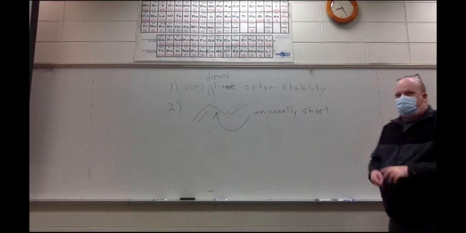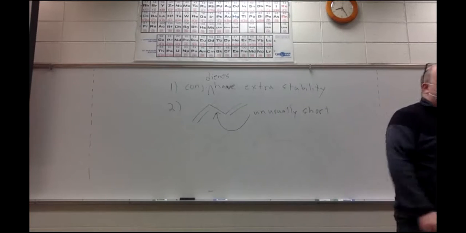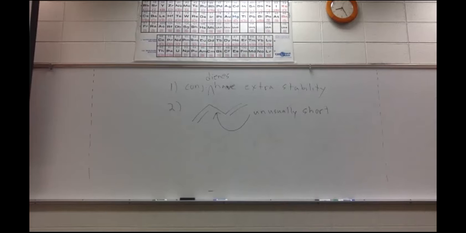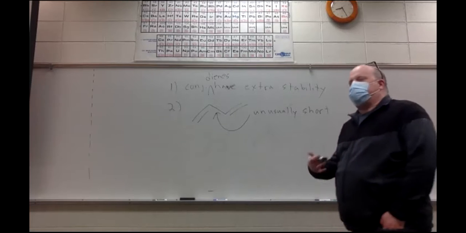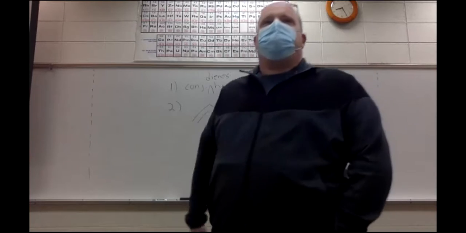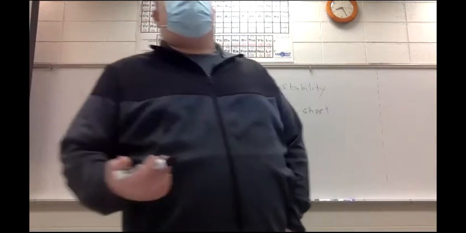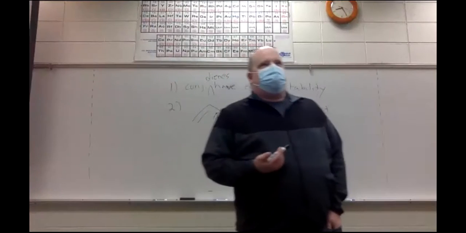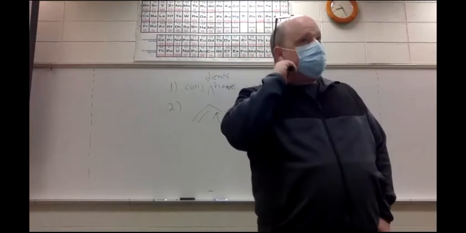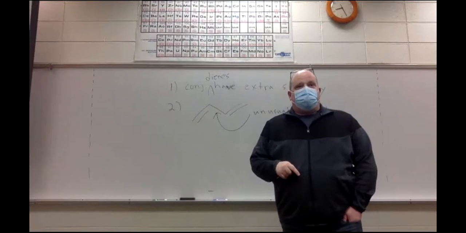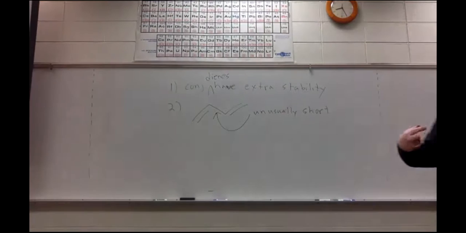Why would that particular carbon-carbon single bond be any shorter than another one? What's the pattern you guys learned as far as bond lengths? Carbon-carbon single bonds, double bonds, triple bonds. Which one's the shortest? Triple bonds are the shortest. Single bonds are the longest, right? As you add additional pi bonds, it gets shorter, right?